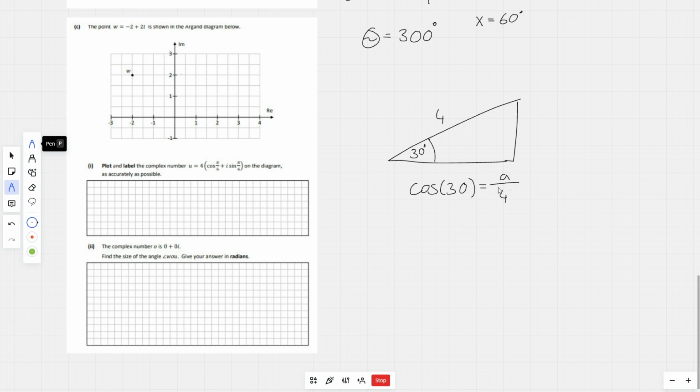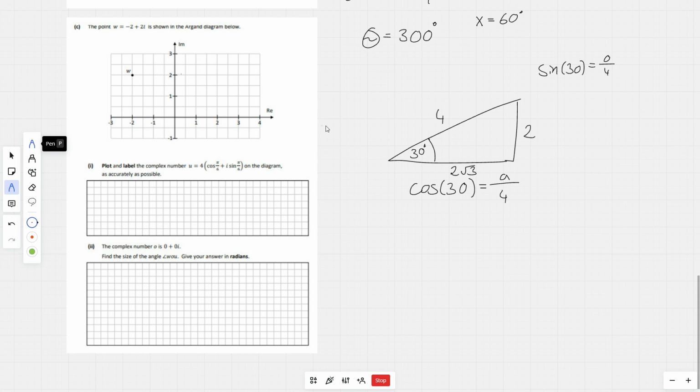Once we do that, we'll just do 4 cos 30 on the calculator, and that will give us an answer of 2 root 3. So this is 2 root 3. Then we'll do the same for this side. In this case, we'll do sine 30 is equal to opposite over 4. So I'm just going to do 4 sine 30, and that will give me an answer of 2. So this is my real value, this is my imaginary value.